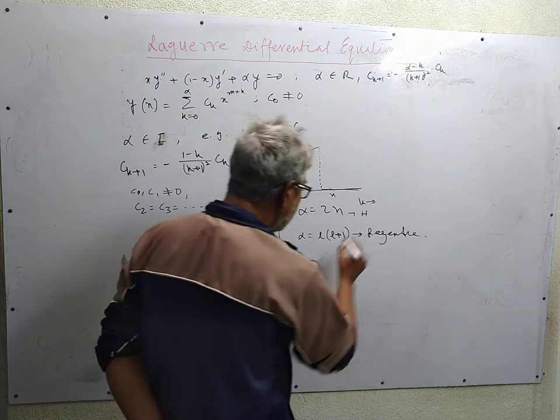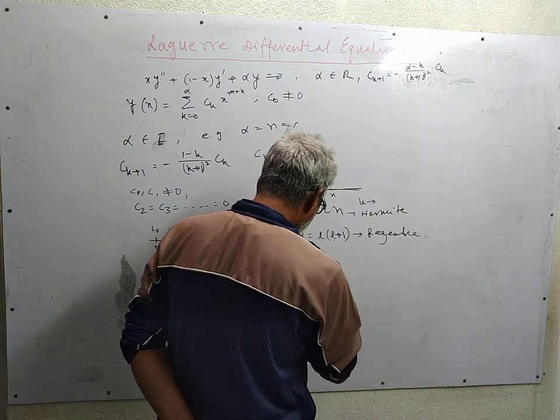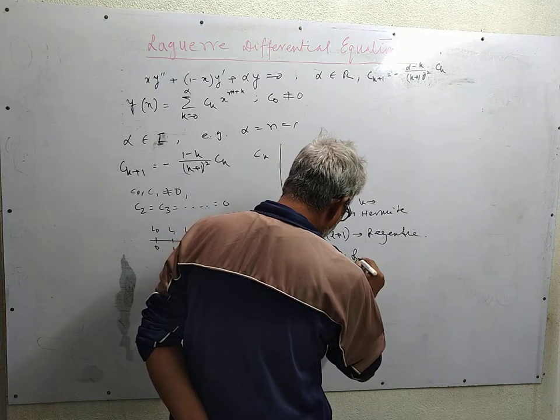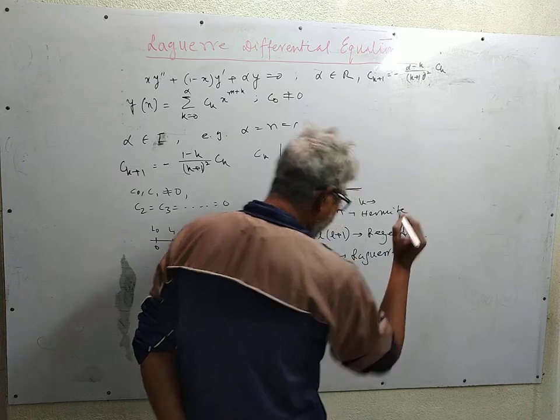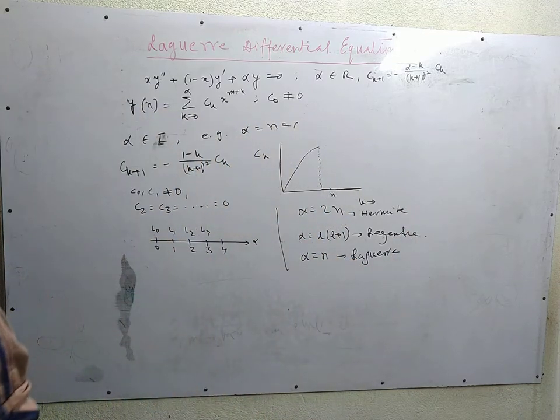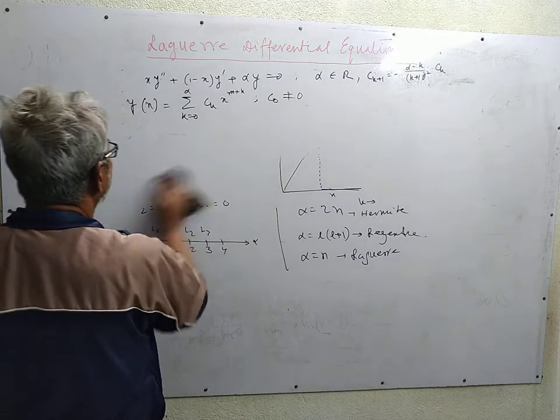Here we choose alpha equal to n. There are different types of choices of alpha for different differential equations.